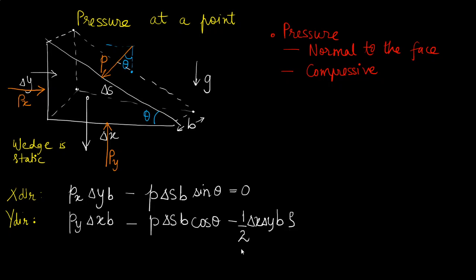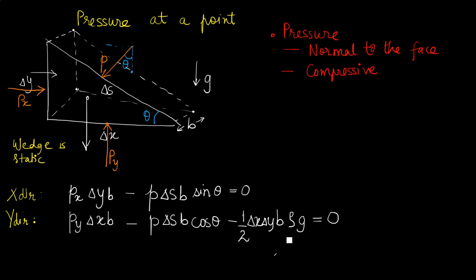So this entity is the mass, because half delta x delta y times b is the volume of this entire wedge, times rho will be the mass, because mass equals density times volume, and this will be multiplied by g, and this will be equal to 0 for the condition of equilibrium.